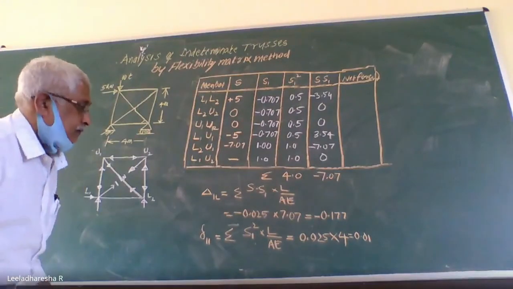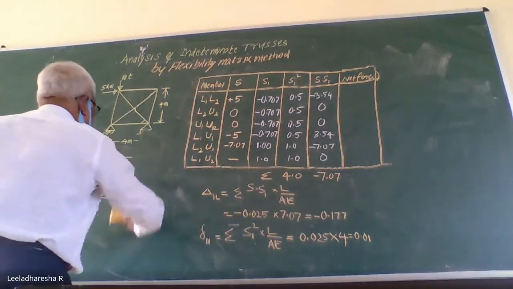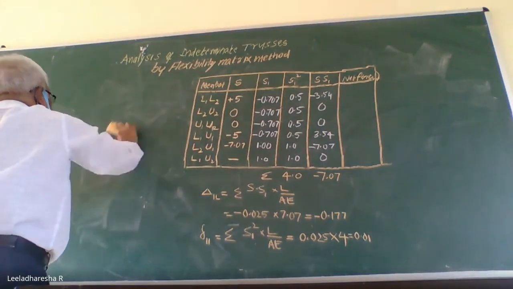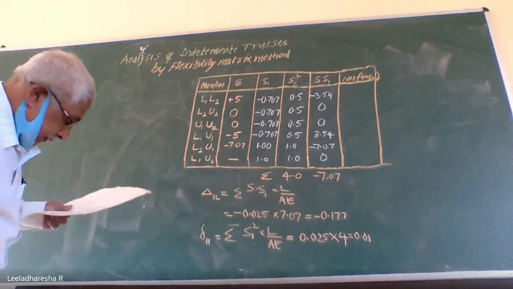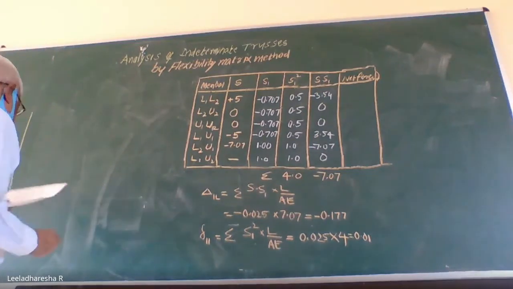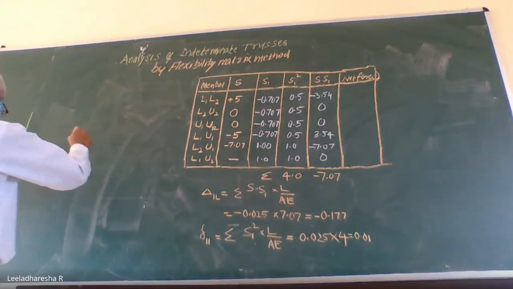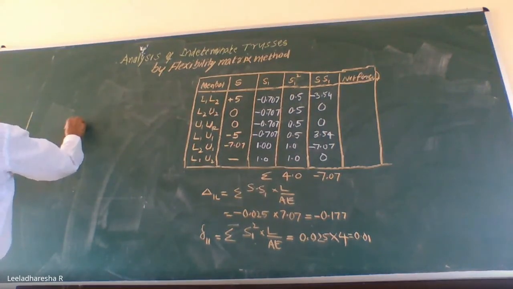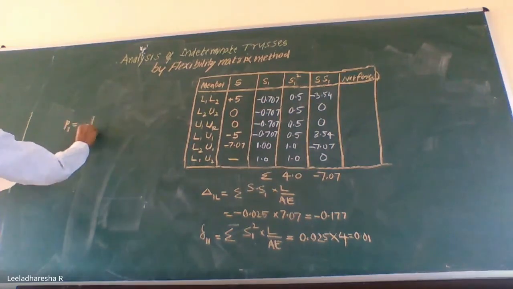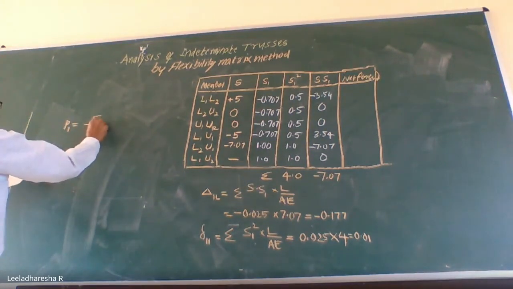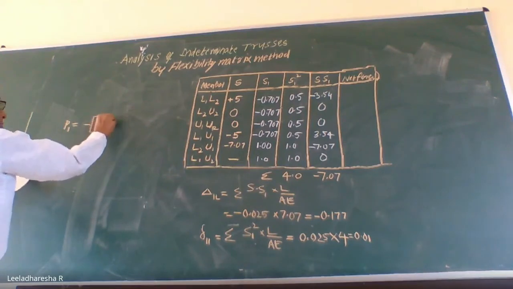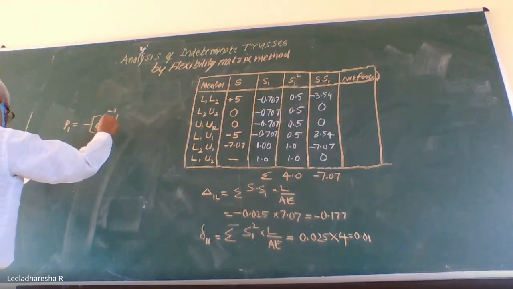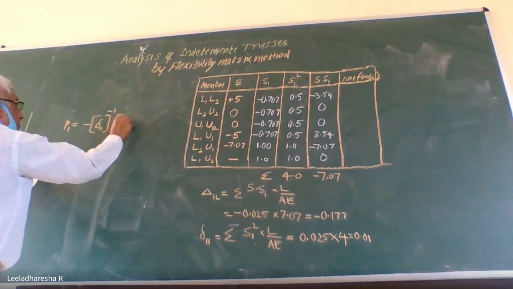0.1 is the value. As I told you, since only one redundant force is there, we get a matrix of size only one by one, one row, one column. So now force in the member P1 is equal to minus delta 1 inverse into delta 1L.